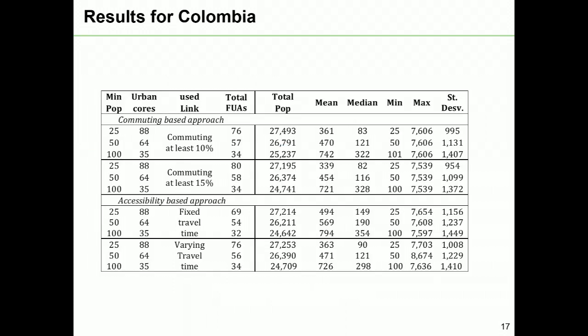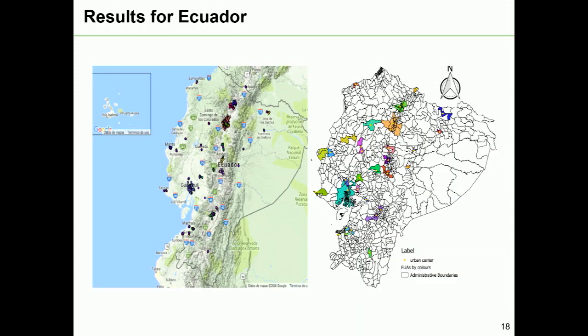The point is that we can play around with different minimal thresholds, different definitions of the urban core, etc. And the key issue is that what we defined for Ecuador is basically a picture that we built using data from other countries, from somewhere else.